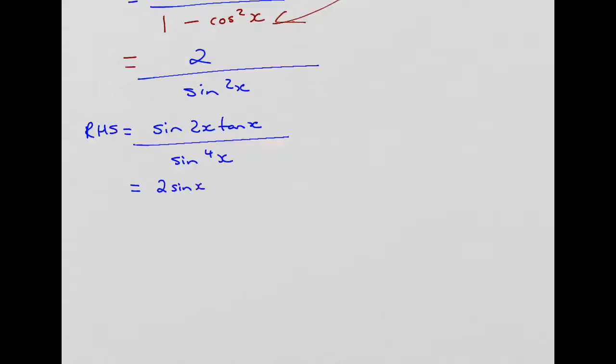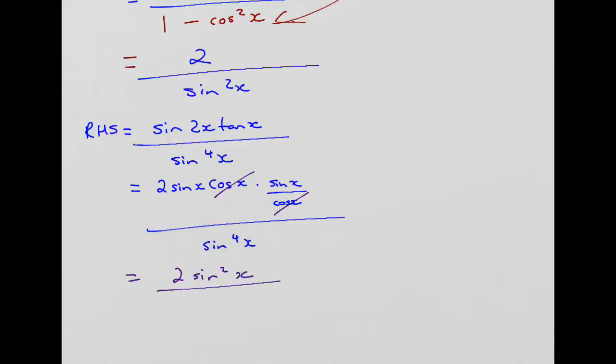So we're working with sine x cos x with a 2 in front of it. Tan is equal to sine x over cos x, and then that is all being divided by sine to the power of 4x. So now I'm able to cancel out the cos and the cos, and I'm left with 2 sine squared x over sine to the power of 4x.